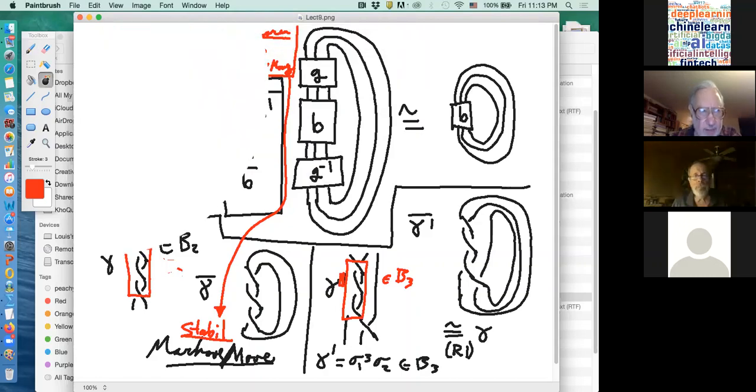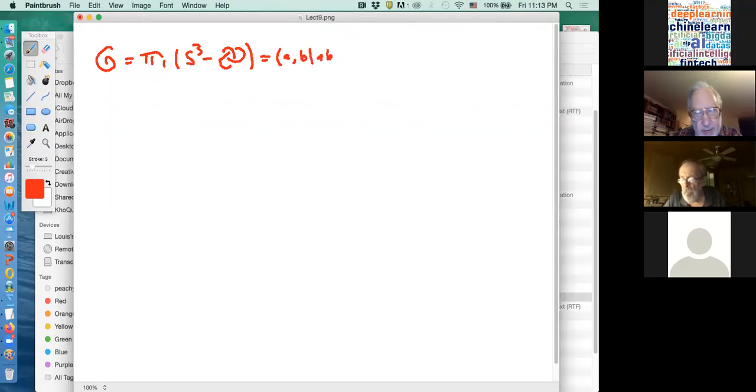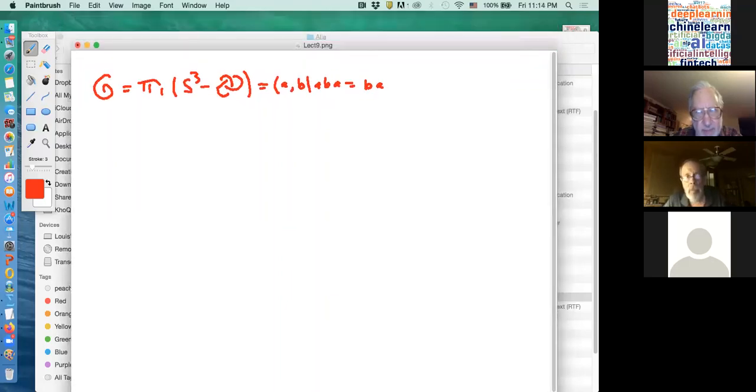What did we find out about the trefoil group? Reflect on it now. We have that G, the fundamental group of the complement of the trefoil knot, is generated by A and B such that ABA is equal to BAB. But you know now from what we've just said that this is isomorphic to the three-strand braid group.